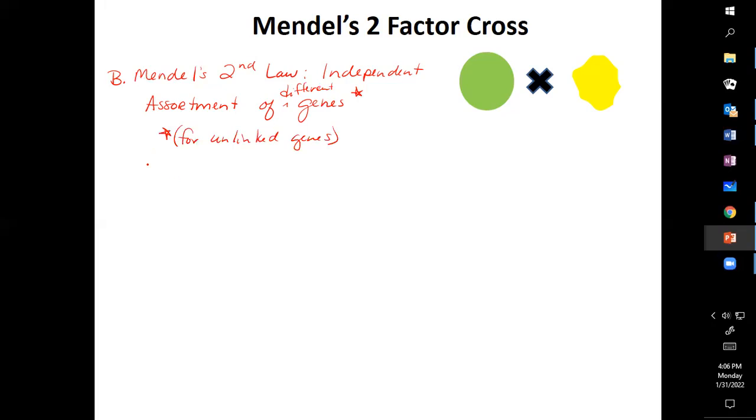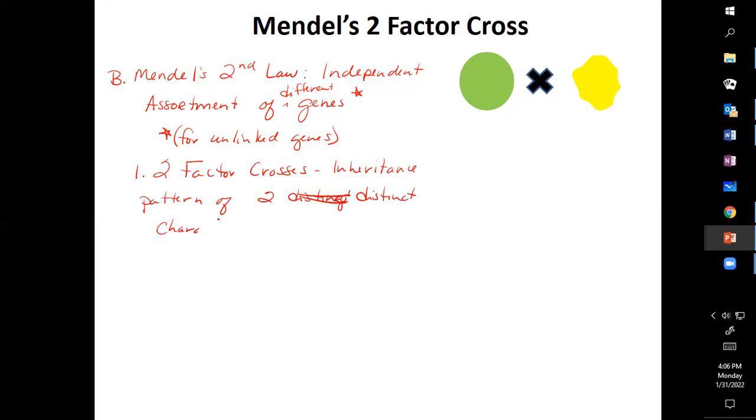And so to do this, he did two-factor crosses, where he studied the inheritance pattern of two distinct characters or traits or distinct genes.